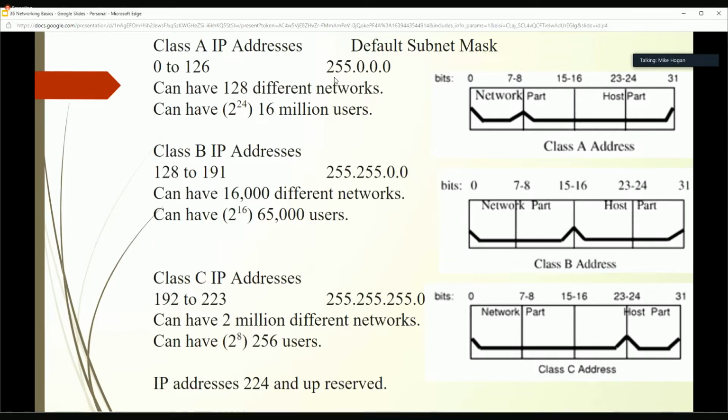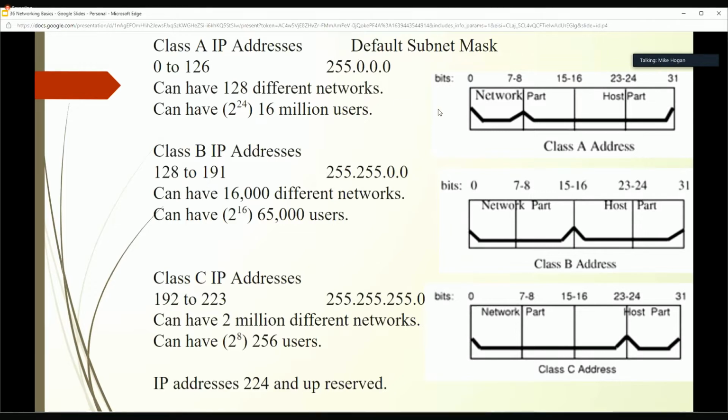Now, if we went back and thought about binary and how we represent 255 in binary, 255 is 8 ones, right? Remember, we go through the process of adding up all of the values. So all of the ones, I would get 255. And what that says is that I'm using all the bits in this first octet. Everywhere I've got ones, that's going to represent my network.